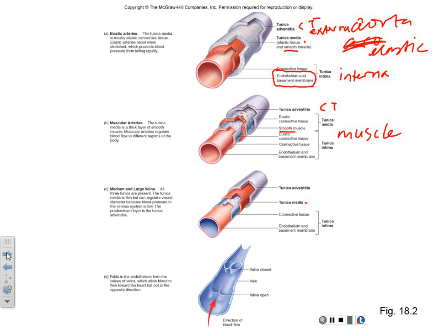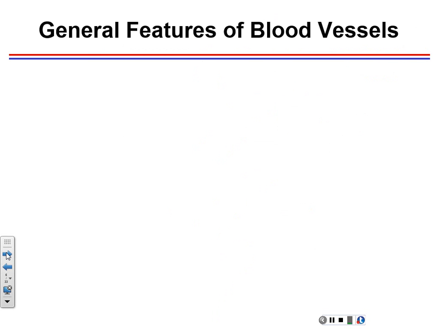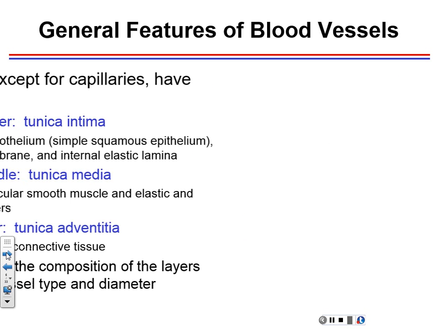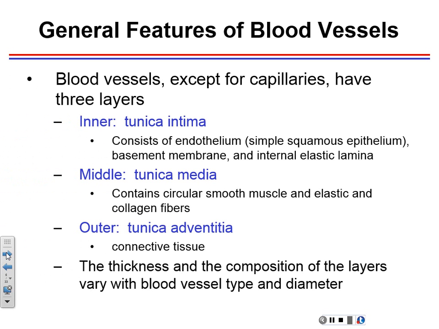So just know the differences in the middle layer of the elastic arteries and the muscular arteries. And then everything else just has smooth muscle, connective tissue on the outside, and then the endothelial lining.